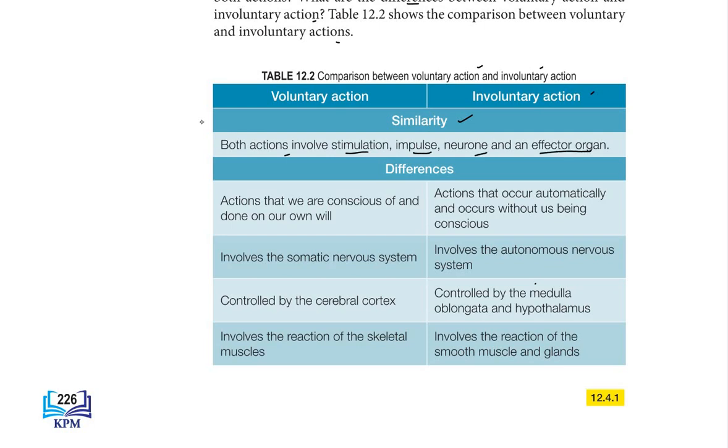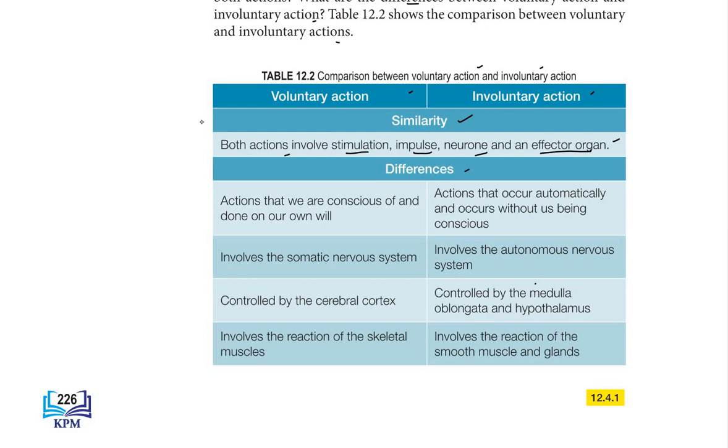Stimulation means detection of a stimulus. Impulse means production of an impulse and sending of the impulse by the neuron. For neurons, we have the sensory neuron, union neuron, and also motor neuron. And then we have an effector organ to produce the response. So this is the similarity between voluntary action and involuntary action.